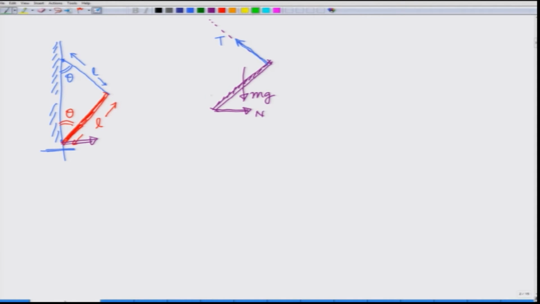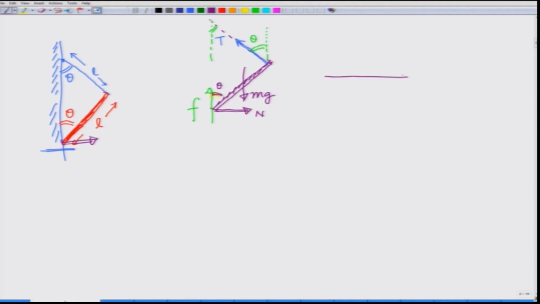Finally, because of the normal reaction, there is a frictional force, let us call it F. The frame is in balance due to all these forces. The angles are going to be theta here, because this is theta here, and theta here. Let me show it by purple, theta here.